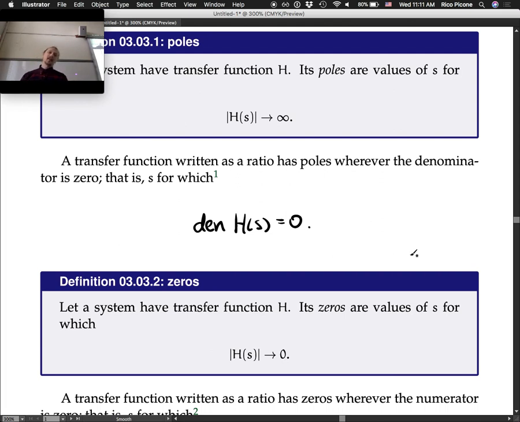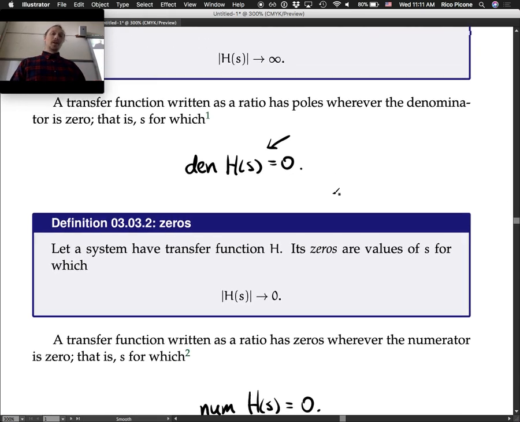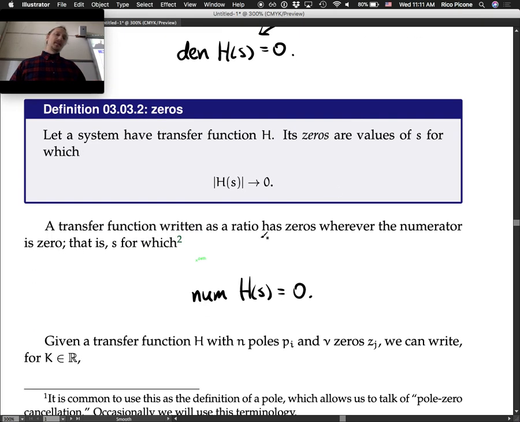However, you get into this concept called pole-zero cancellation, which we'll talk about another time. And we'll call those poles and zeros also, which is to say we kind of take this to be the definition of a pole, and this to be the definition of a zero, instead of it just being a consequence of them.